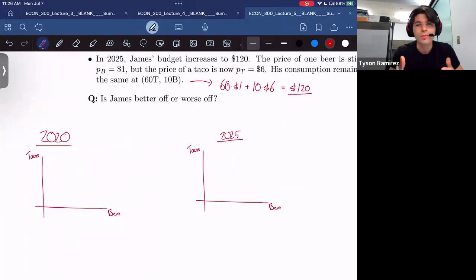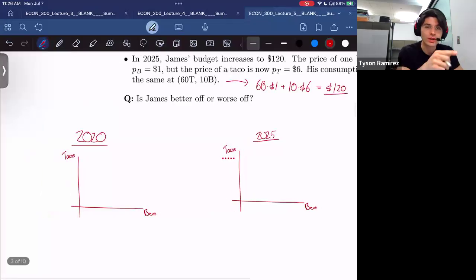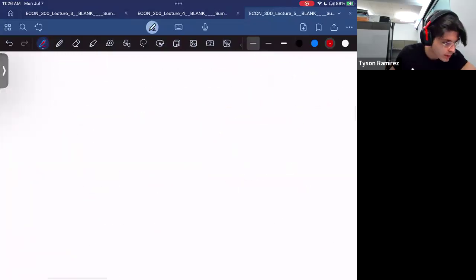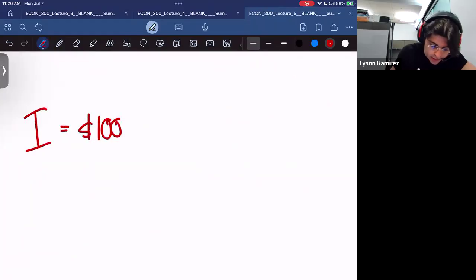All right. So how can we make a comparison like this using the things that we've learned so far? Well, we know that in 2020, his budget was $100. I think it'll be helpful to write these things down just in case. So income was 100 bucks.